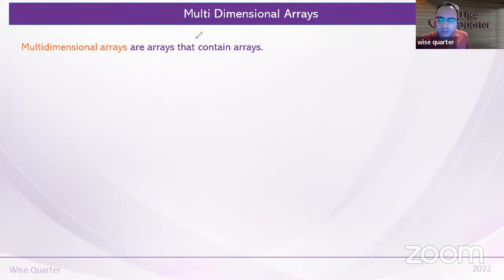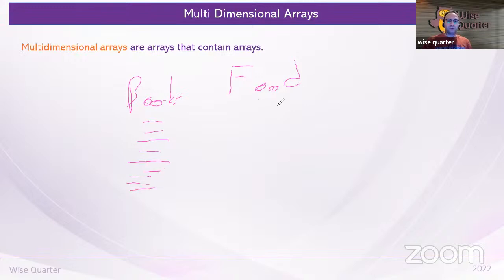And let me give you another example. I have a market, and I have all the different sections: books, foods, things like a lot of furniture, and so on. And I want to store the book names under the books, and the food names should be under this section.